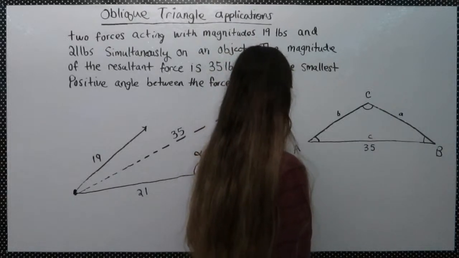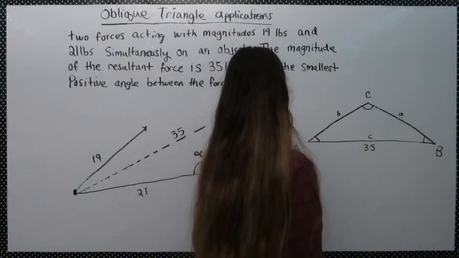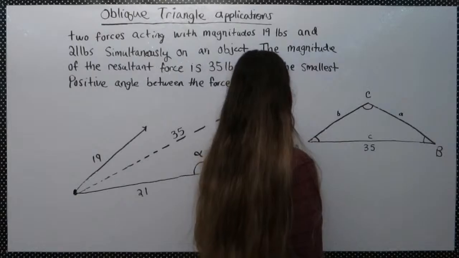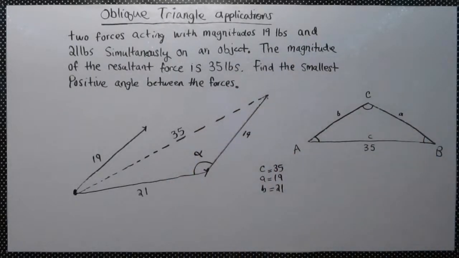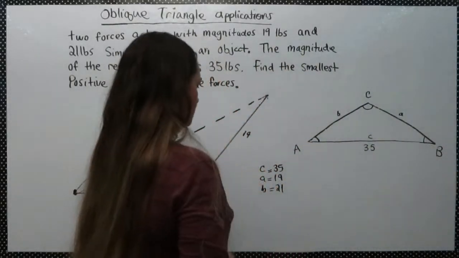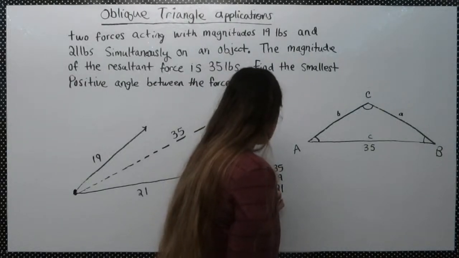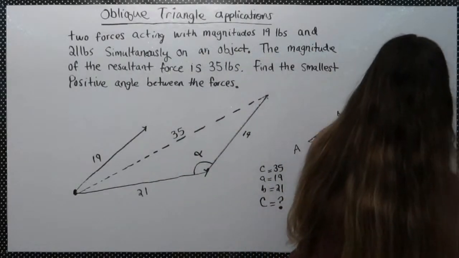C equals 35, little a equals 19, and little b equals 21. And then we do not know big C. That's the one we're looking for, the angle in between, this one right here, alpha.